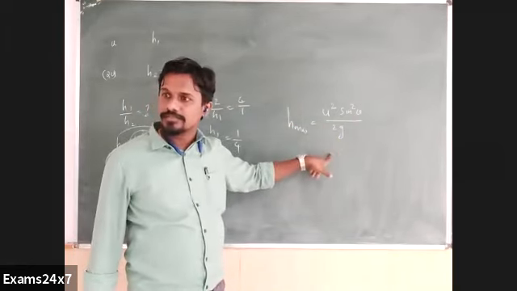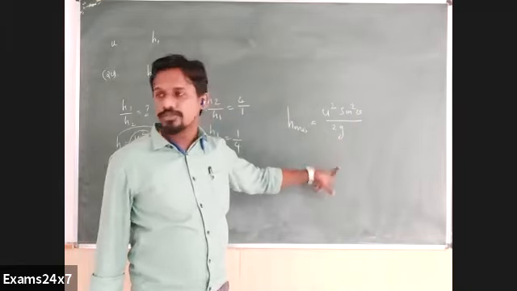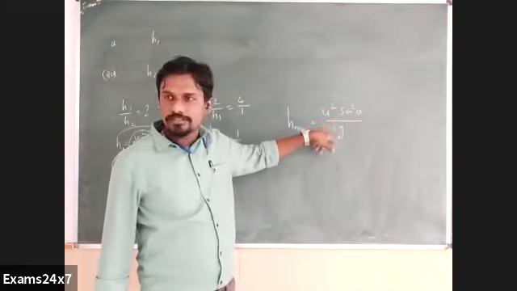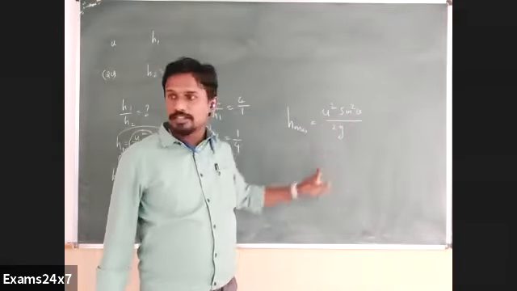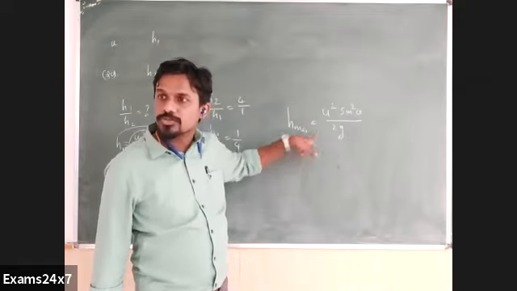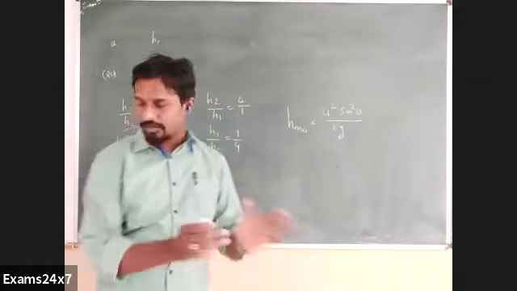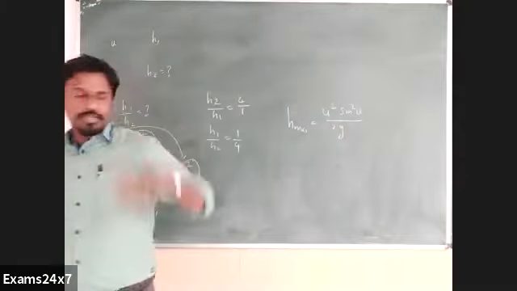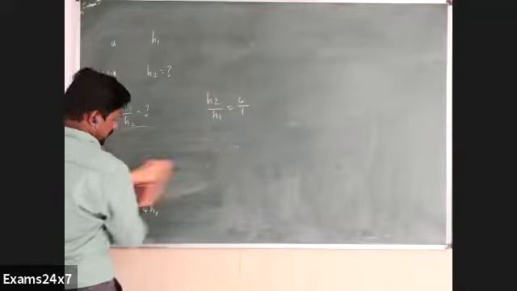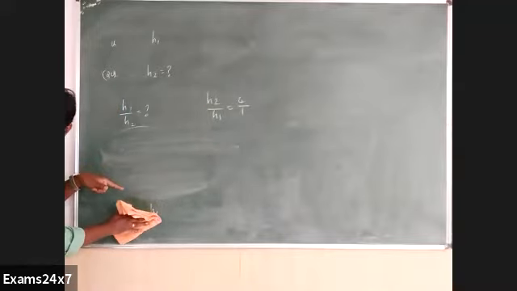Here it is u square by 2g. Why u square sin square theta there? u sin theta is the vertical component of velocity, so its square is u square sin square theta. All things are related when you analyze that. Okay, fine. Understood?